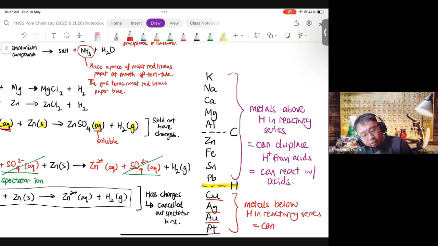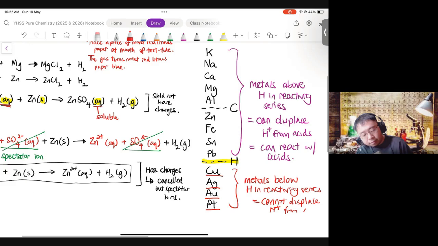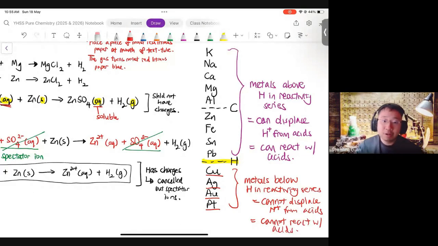They cannot displace H plus from acid. All right. If they cannot displace H plus from acid, they do not react with acids as a metal. So the metals like these don't react with acid. So copper metal doesn't react with acid.